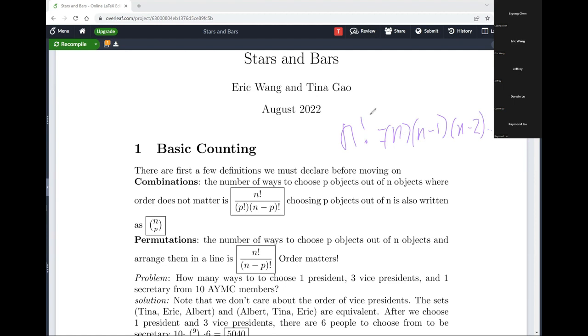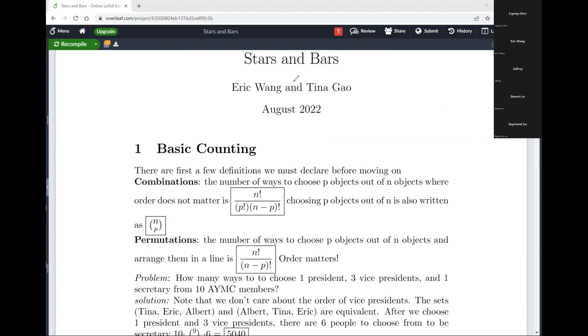So that's what this funny looking exclamation mark means. And it can also be written as n choose p. People will say n choose p, and this is what they mean.